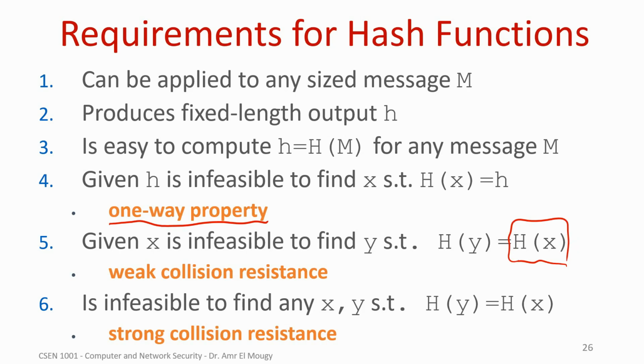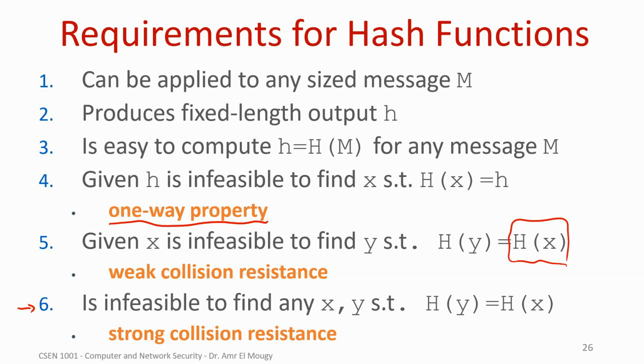And so the fifth requirement says that it is infeasible to find another message y that has the same hash as your message x. The sixth requirement tells you that it is not feasible to find any collisions for any message. So you do not actually have a starting point. You do not have a message that you are trying to find a collision for.